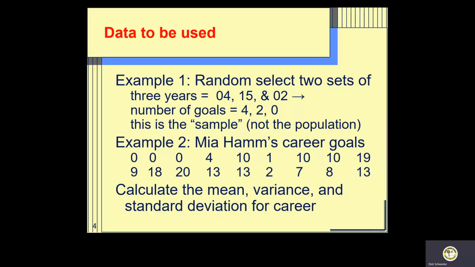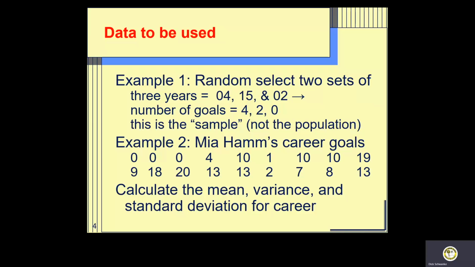Mia played for 18 years, and there you see her career goal average. She started off a little slow, 0, 0, 0, was playing defense. Then they moved her forward, and there's a string of incredibly good years. So we're going to take her data, calculate the mean, variance and standard deviation of her career.